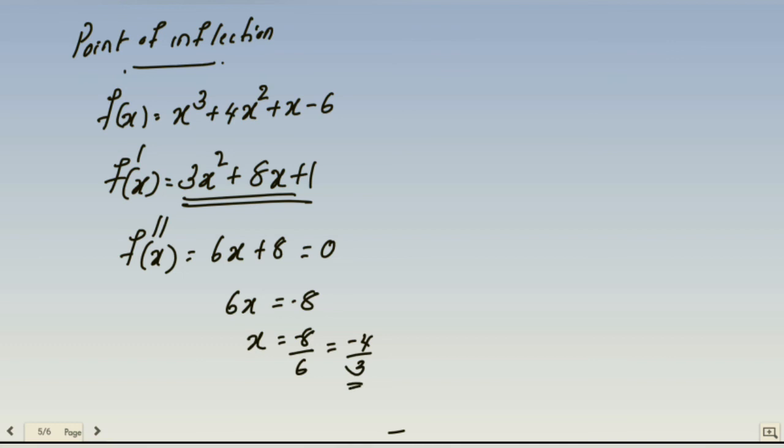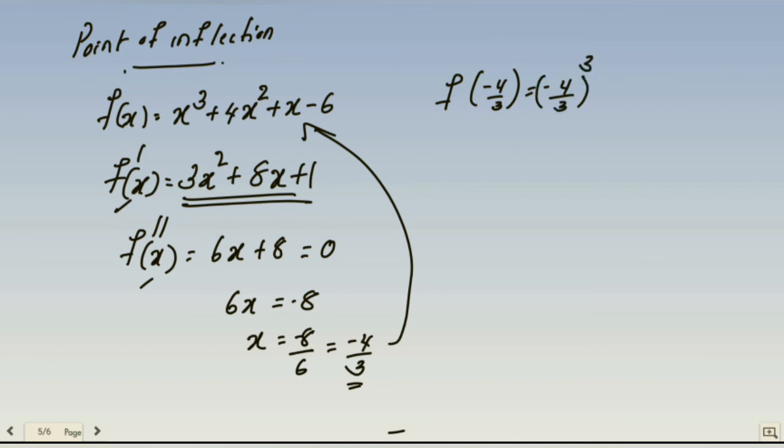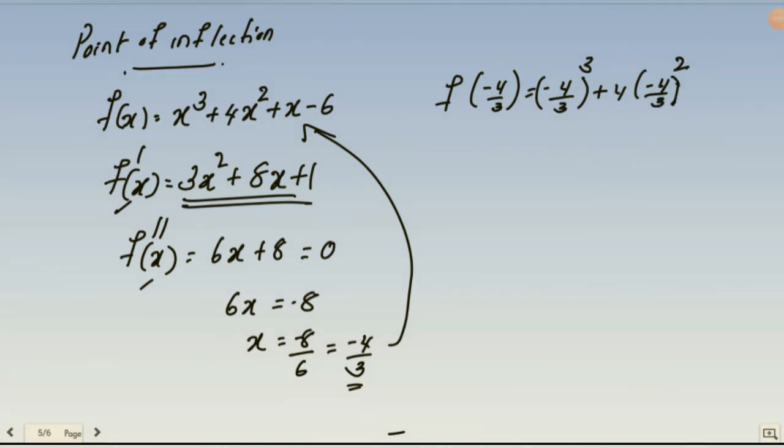Then how do you get the y value? You have to substitute this one in the main function, not in the first derivative or second derivative. You have to substitute this one in the main function, that is f of bracket minus 4 over 3 is equal to minus 4 over 3 whole cube plus 4 times minus 4 over 3 whole square, okay, then plus minus 4 over 3, then minus 6.